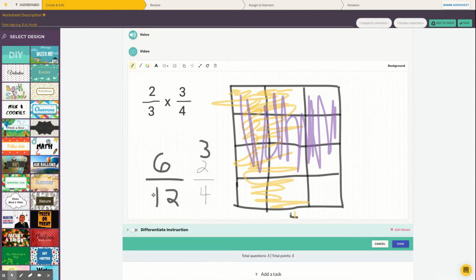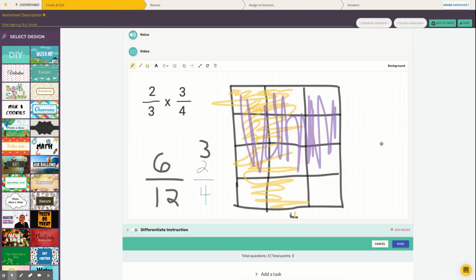So now I have a simplified fraction of 2/4, but I may not be done. So let me ask myself again, can I divide both numerator and denominator by 2, 3, 5, or 7? The answer is yes. I can divide both the numerator and the denominator by 2.